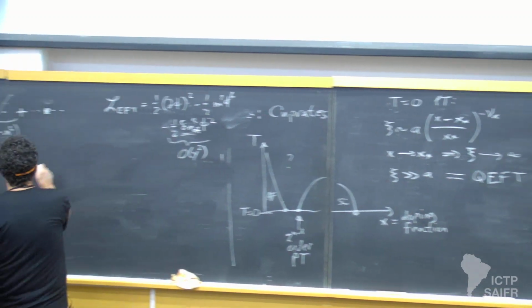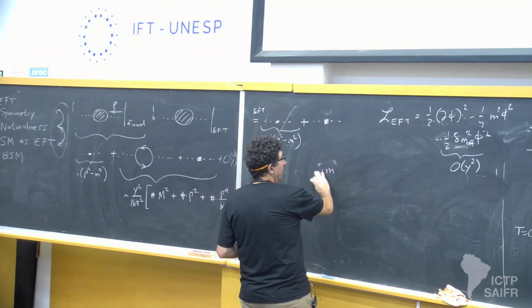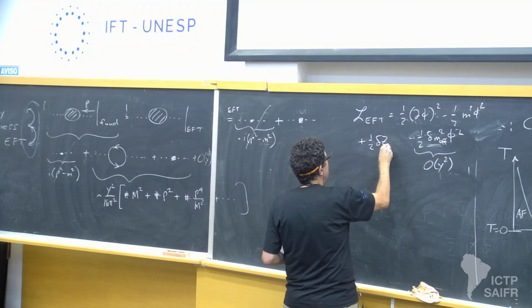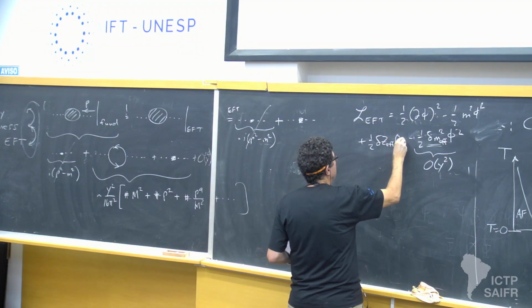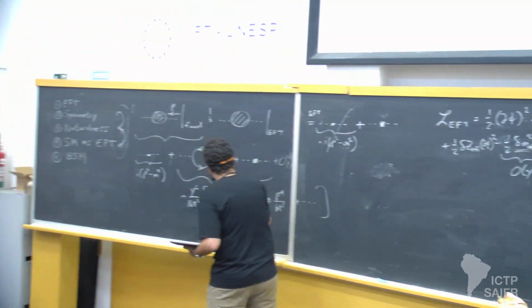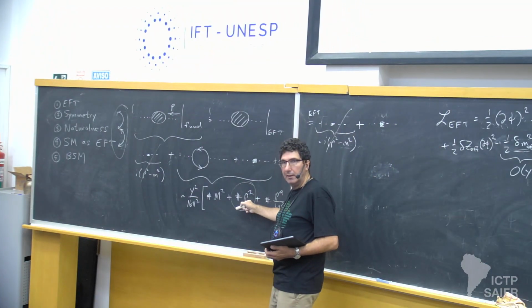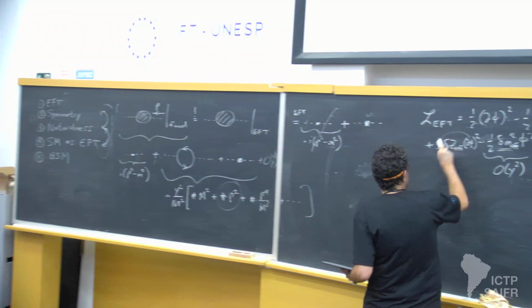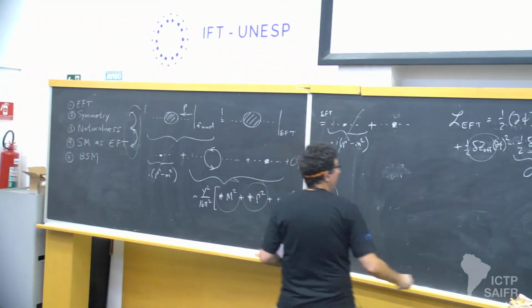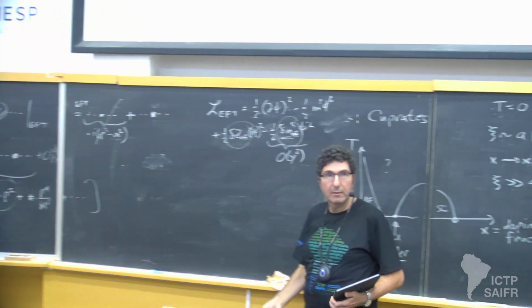So I also need to have a plus 1/2 delta z effective times a kinetic term, because there's a term here which is proportional to p squared. To make that match, I have to choose this thing, and to make this term match, I have to choose this thing correctly.